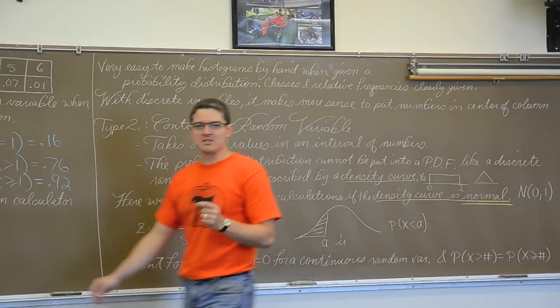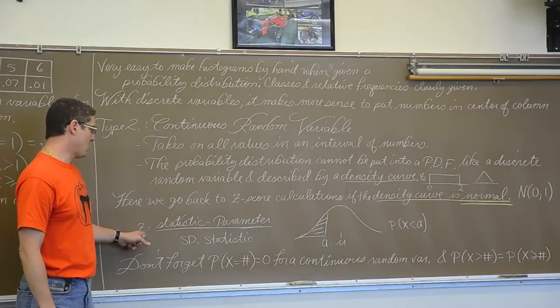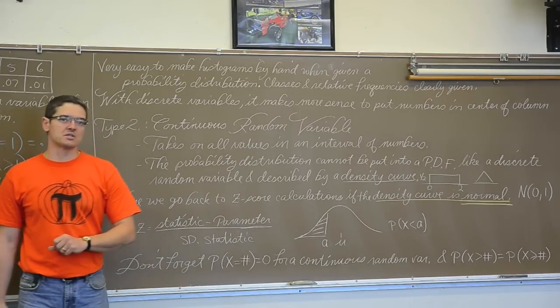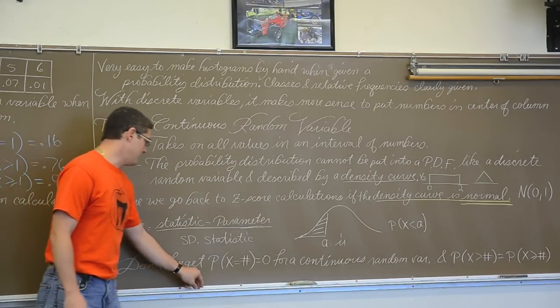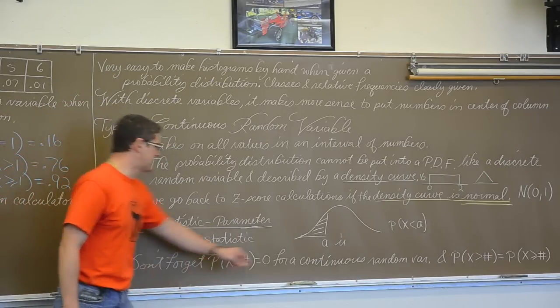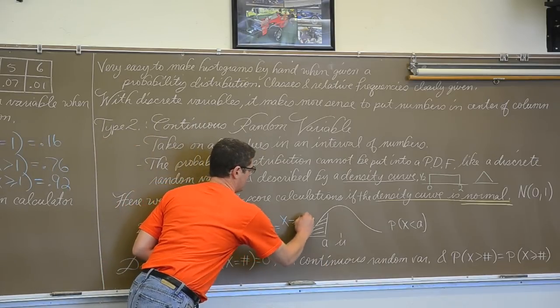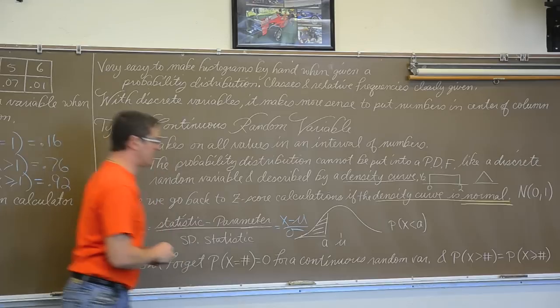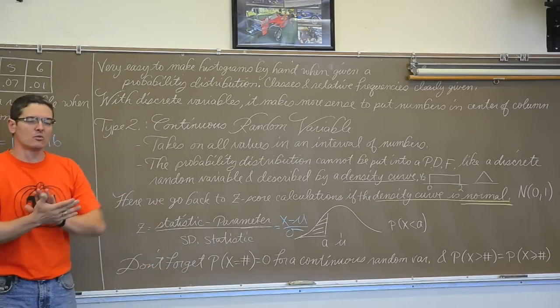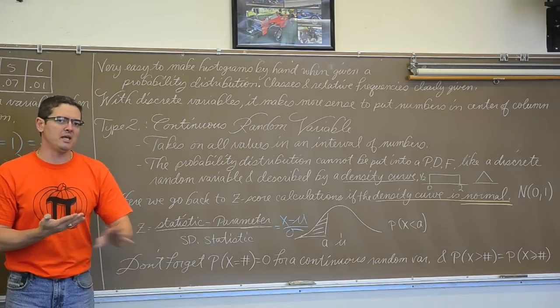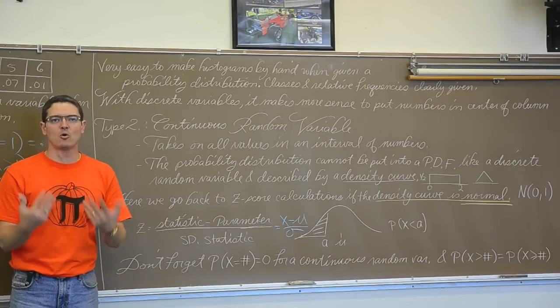So if you have a normal density curve, then your z-score is equal to your statistic minus your parameter over the standard deviation of your statistic. We really have only seen this equation in the form of x minus mu over standard deviation, but now we're starting to get into the textbook and really getting close to the real meaty questions where we're going to work with means and two means at the same time and proportions.